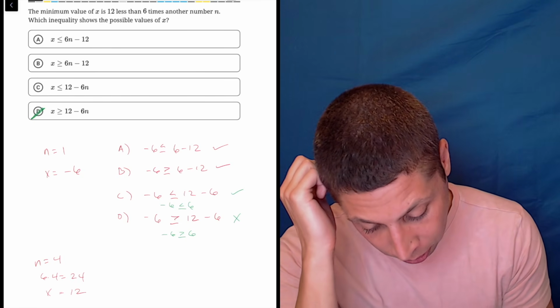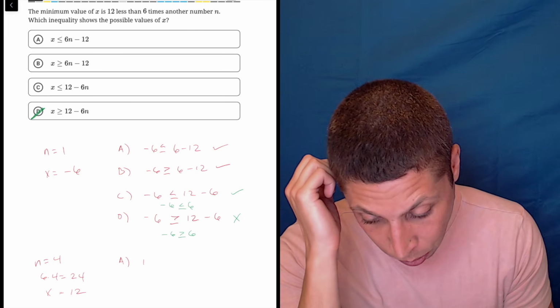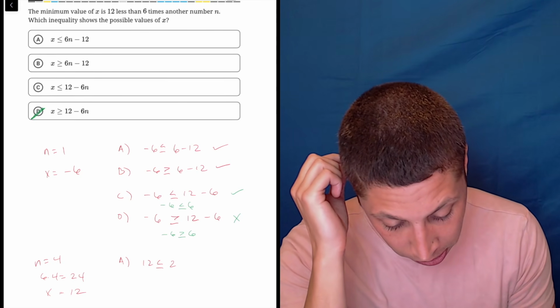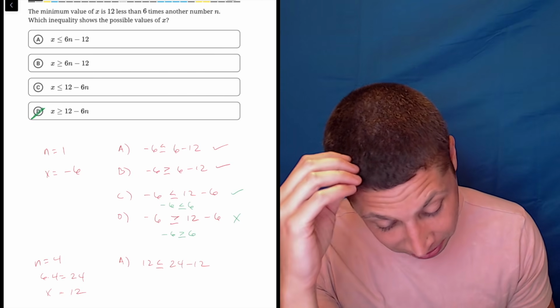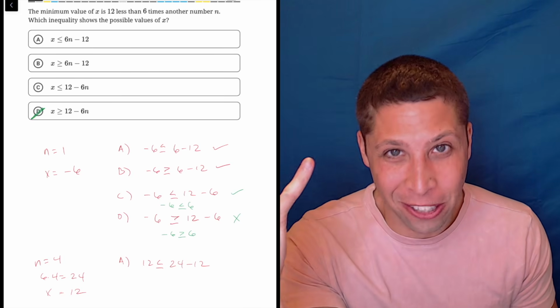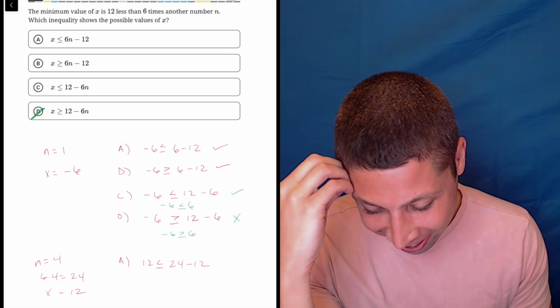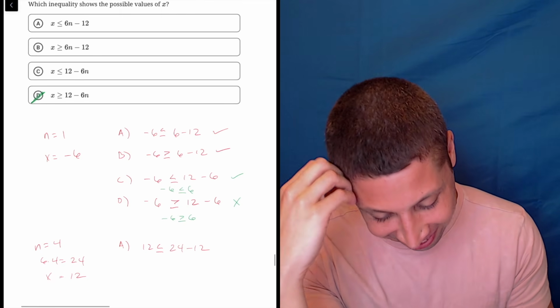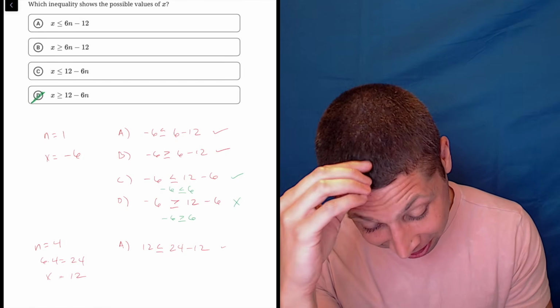So what's left? Choice A would be 12 is less than or equal to 6 times 4 is 24, minus 12. I don't love that 24 and 12 are kind of going together. I guess it's fine. 12 is, yeah, that's true.